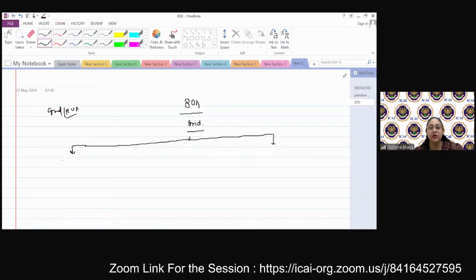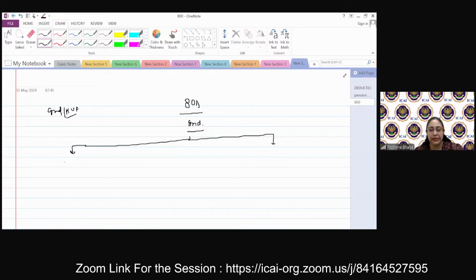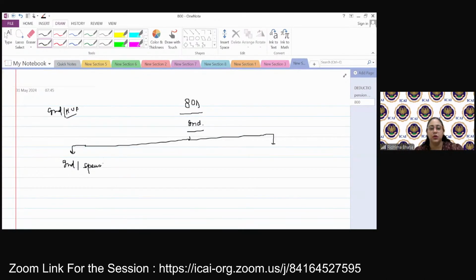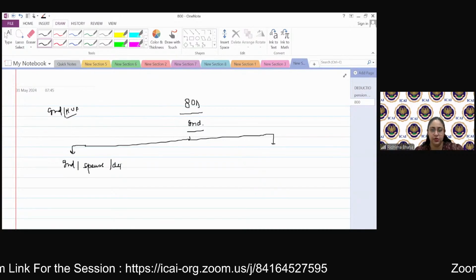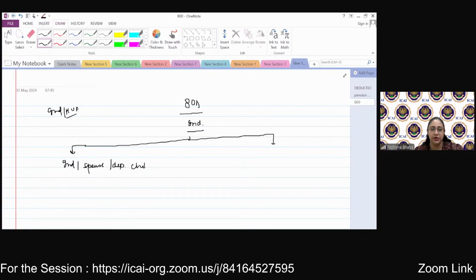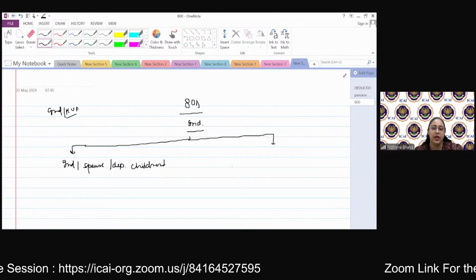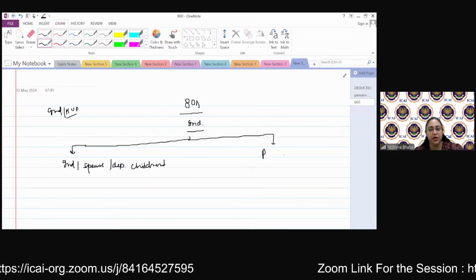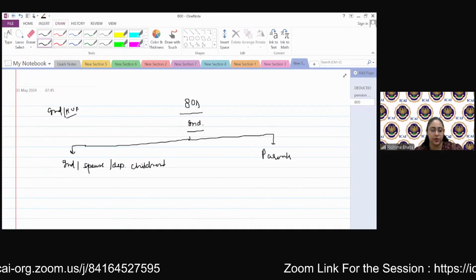One, when he's making the premium payments or the expense for himself, spouse, and dependent children. And secondly, when he's making that particular insurance premium खर्चा for the parents.